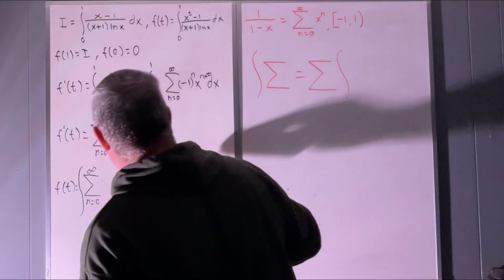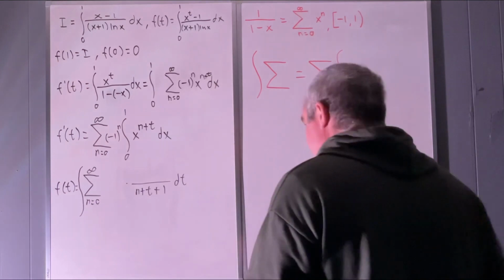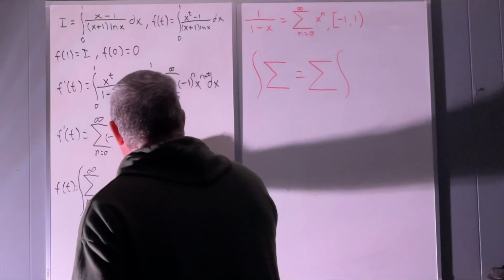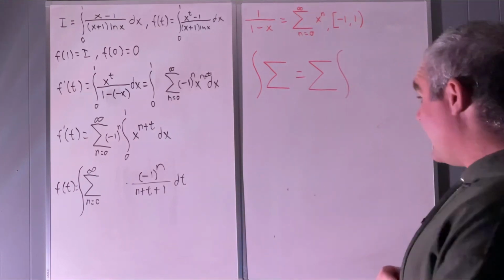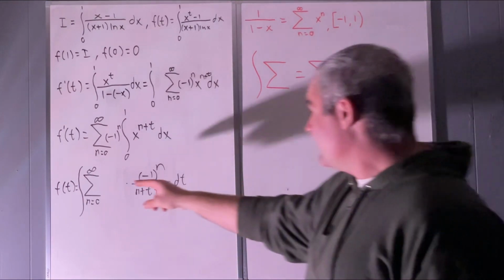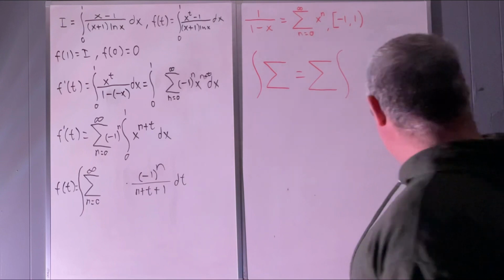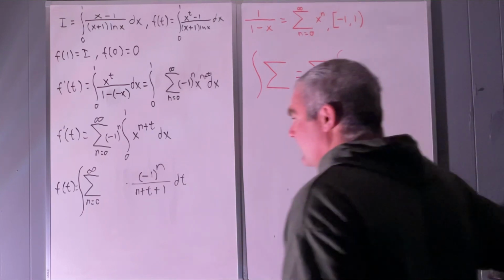This is still going to be negative 1 to the n. And again, let's use Fubini's theorem to interchange the integral and sum notation.